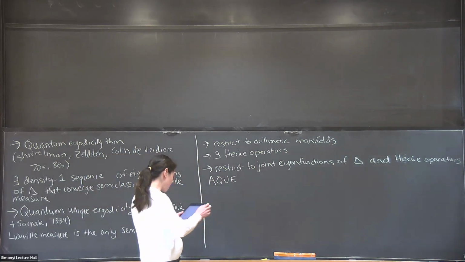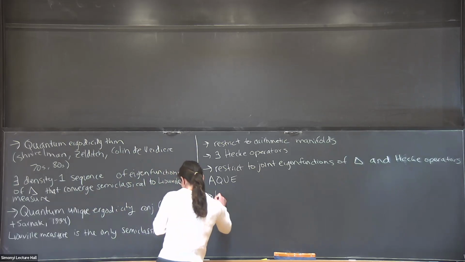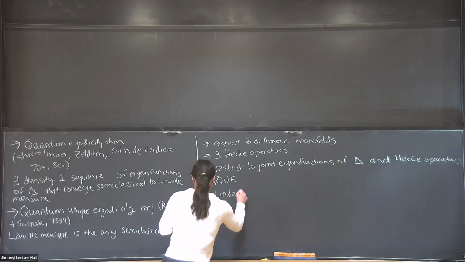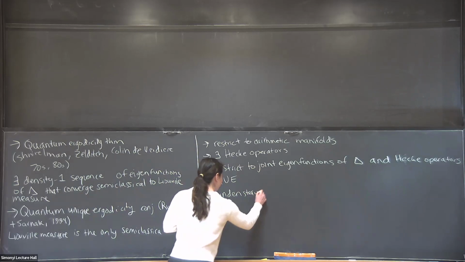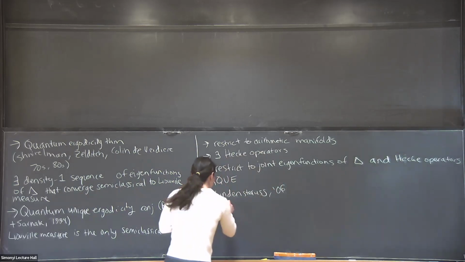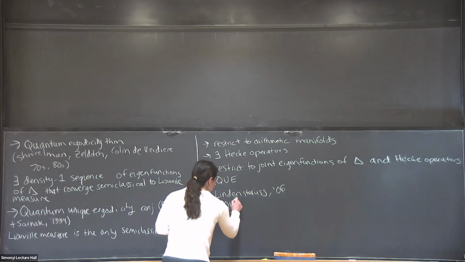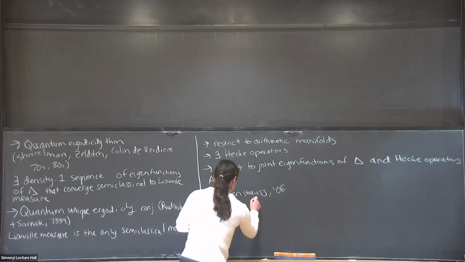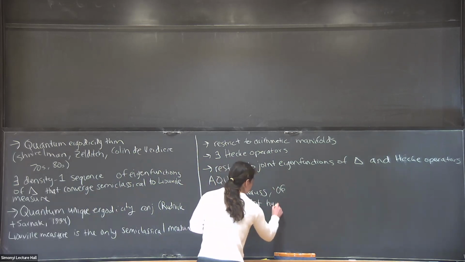So the first result in this is due to Lindenstrauss in 2006, and he proved arithmetic quantum unique ergodicity for compact hyperbolic surfaces.